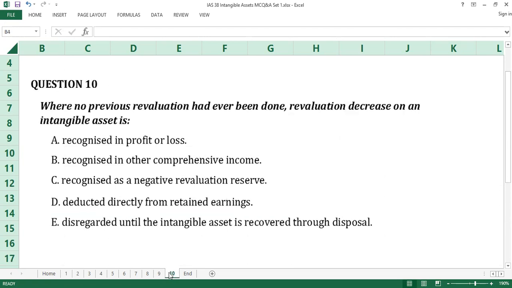Question number 10. Where no previous revaluation had ever been done, revaluation decrease on an intangible asset is dash. A. Recognized in profit or loss. B. Recognized in other comprehensive income. C. Recognized as a negative revaluation reserve. D. Deducted directly from retained earnings. E. Disregarded until the intangible asset is recovered through disposal. Time counts.